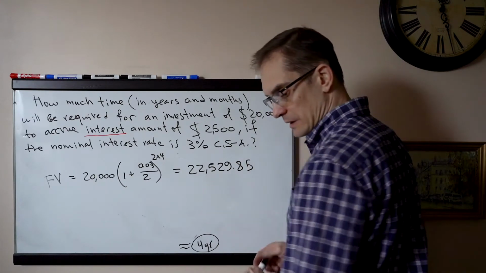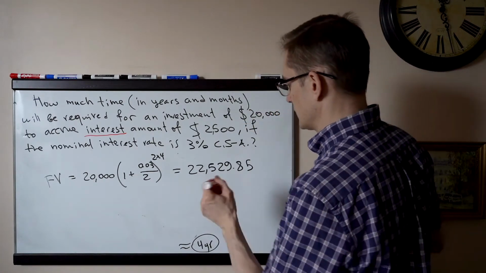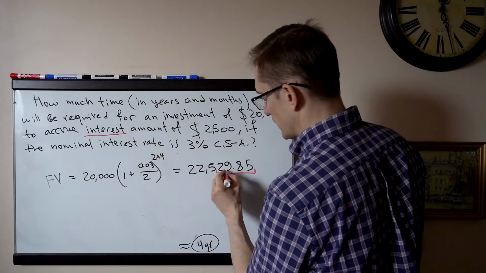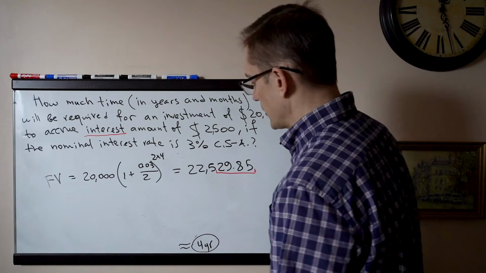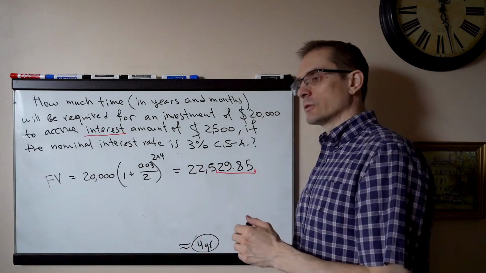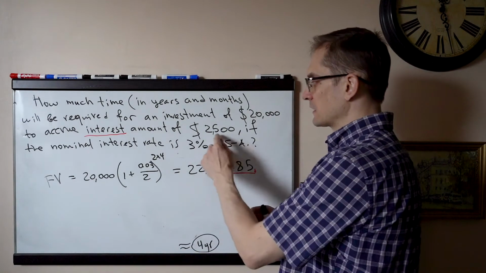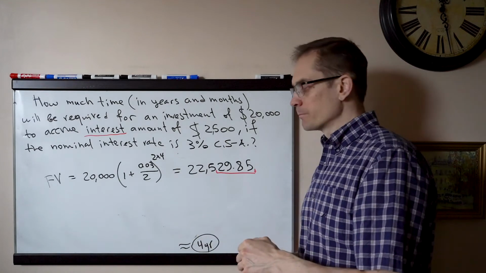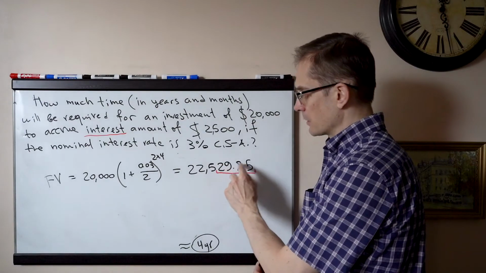So that shows us that we get extra money, right? We get extra $29.85, and again that's because we rounded up. In reality we should not wait the full 4 years to get exactly $2,500, but because we rounded up this answer, you get that bigger interest.